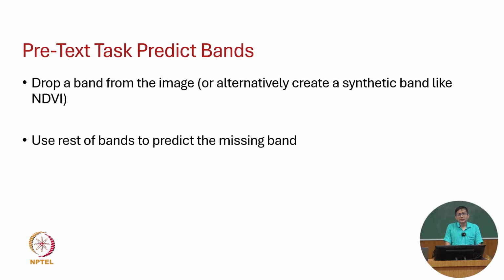This particular style has been adopted quite a lot more recently when training models for, let's say, synthetic aperture radar images. We will discuss more of this in more detail later in our course. The idea is thus to drop some bands and use the rest of the bands to predict the missing band, or predict a particular transformation.